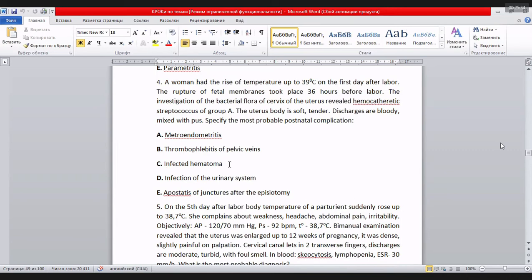Infected hematoma usually presents as a tumor-like formation, which is painful during palpation. Infection of the urinary system, they would give you frequent urination, maybe edema of the ostium of the urethra.